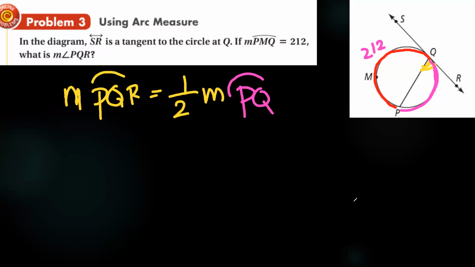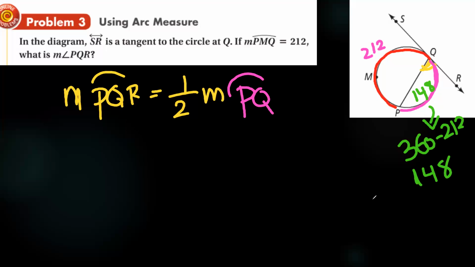I don't know now the measure of the arc PQ, but I know arc PMQ. How can I find PQ? It is what completes it to 360. Yes, bravo. So you have to subtract 360 minus 212, and you get 148. So 148 is the measure of the arc PQ.